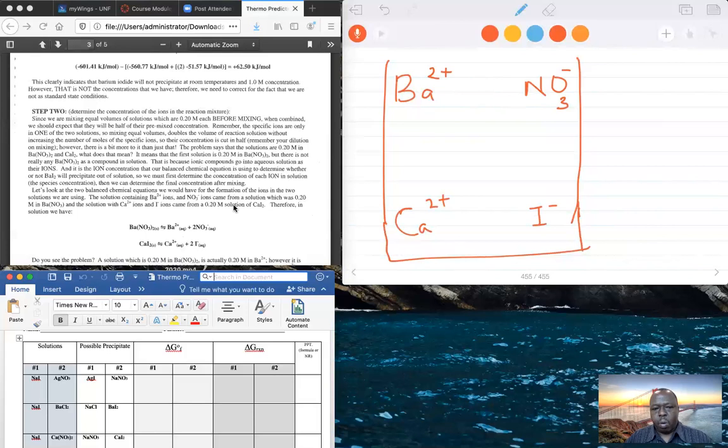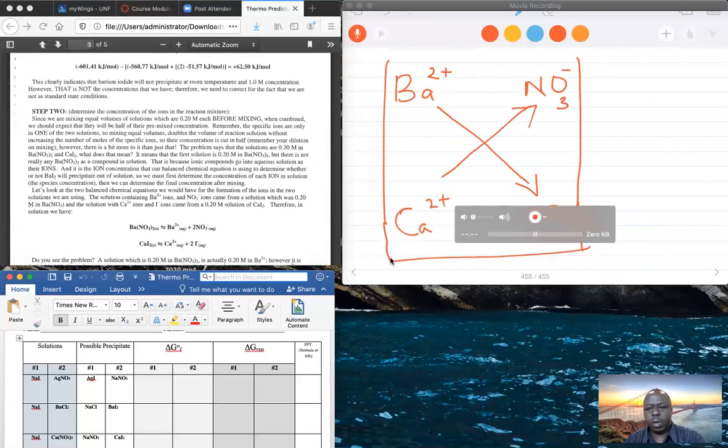So if it is a double replacement reaction, this will combine with that, and this one will be combined with that. The reason I'm adding the charges here is I'm uncrossing over.